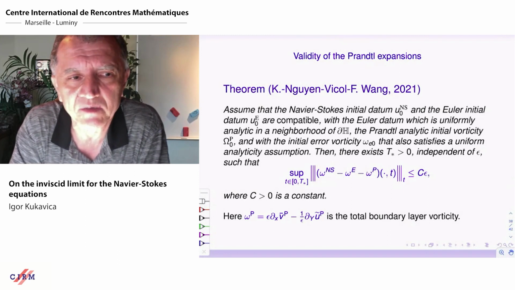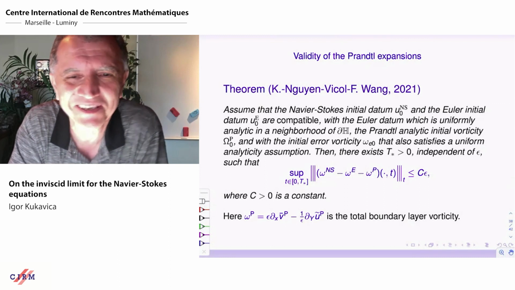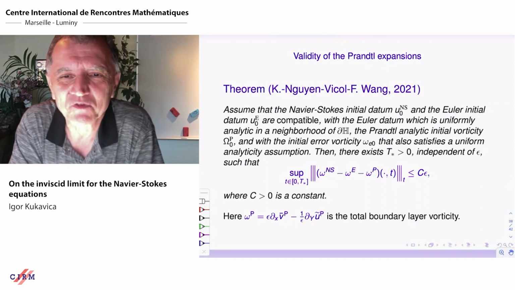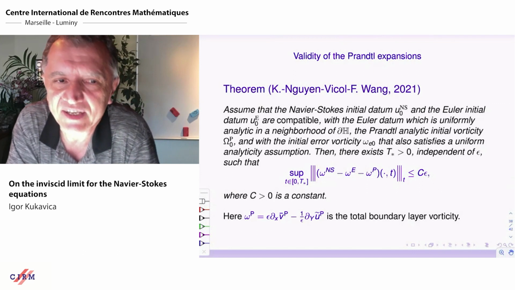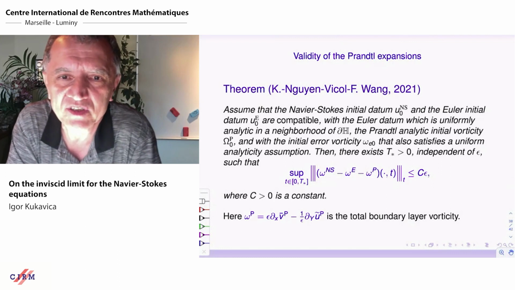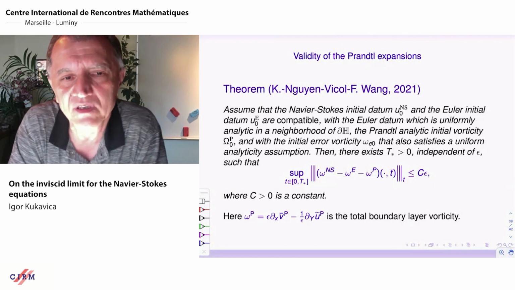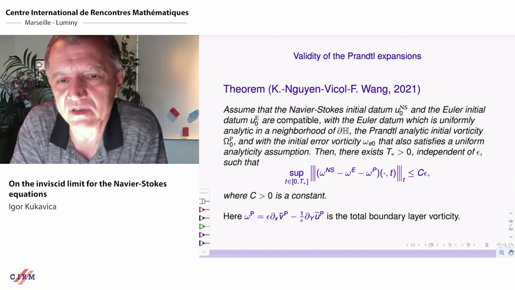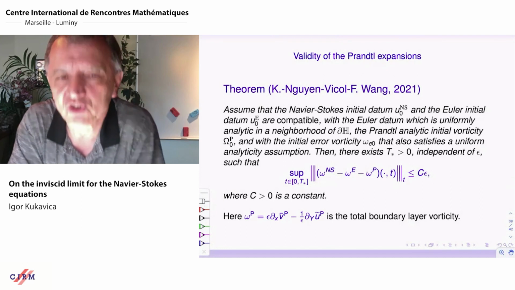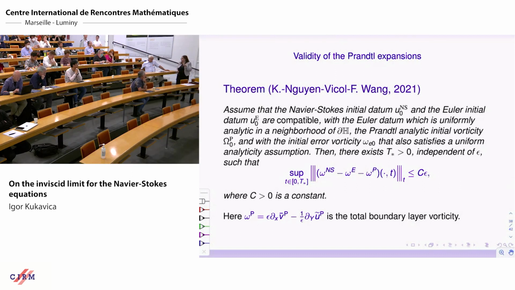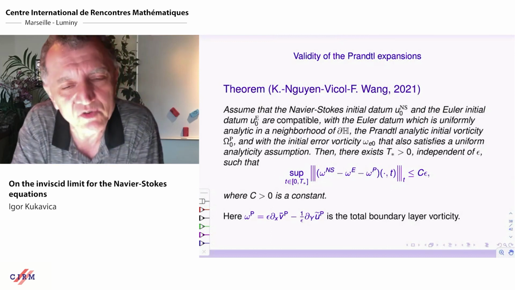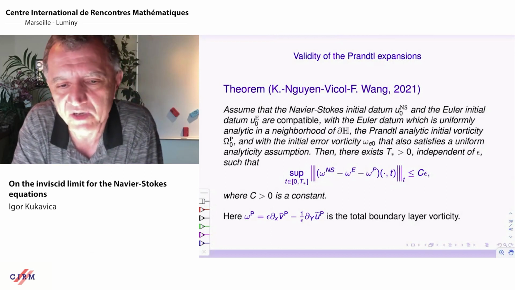Where one could be optimistic is assuming that the Euler solution is smooth, and then there exists a smaller time which is nu independent. I don't think there's anything wrong with the inviscid limit being true, but that's a matter of opinion. But I totally agree with you: Euler solutions in general don't look smooth, we have all kinds of strange solutions, so one cannot expect vanishing viscosity to be true.